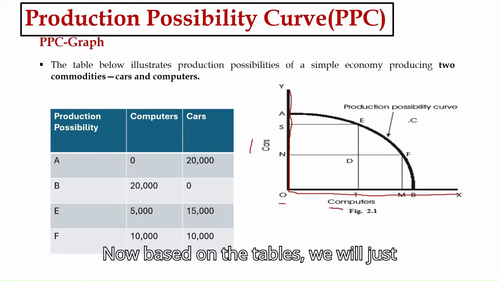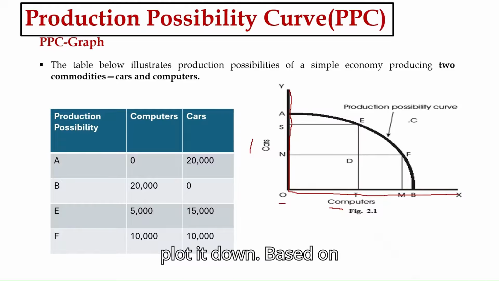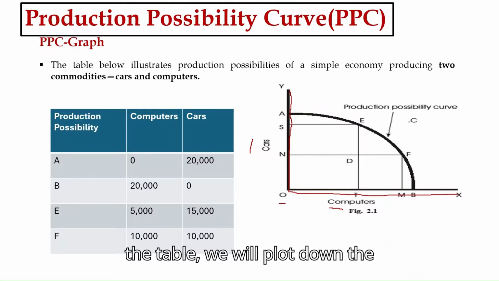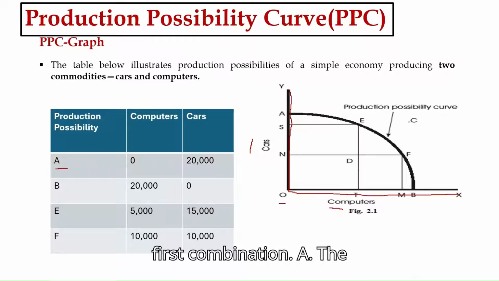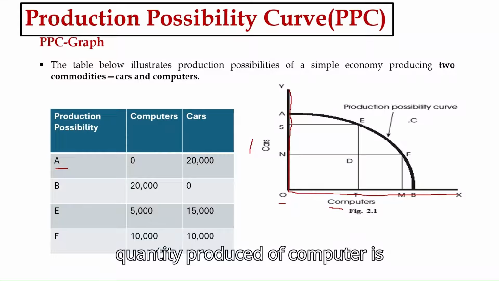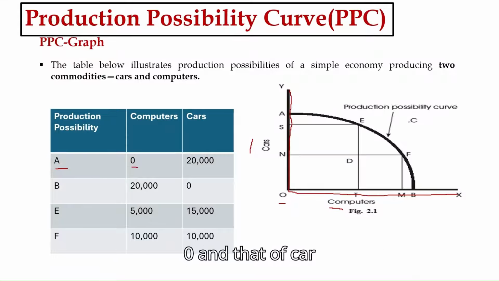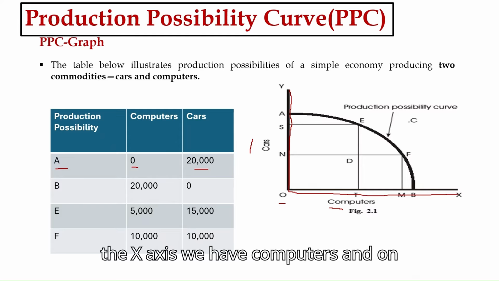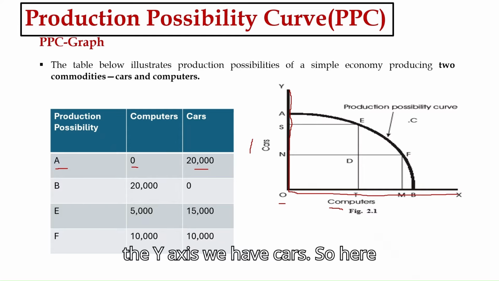Now based on the table, we will plot down the quantity. You can see in the first combination, A, the quantity produced of computers is 0 and that of cars is 20,000. As we have plotted, on the x-axis we have computers and on the y-axis we have cars.